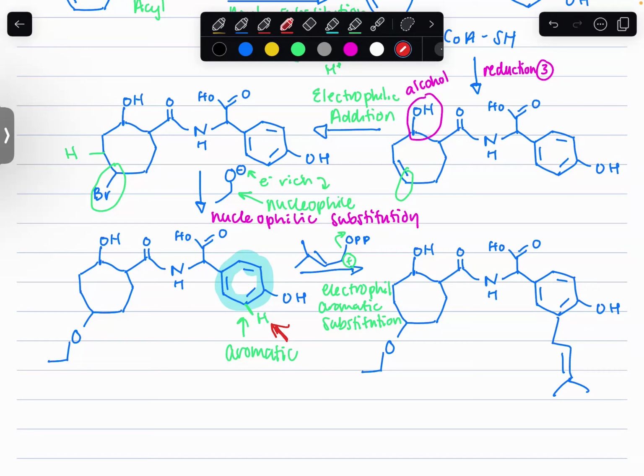But a base is not needed for electrophilic aromatic substitution because the whole point behind aromaticity is that an aromatic compound is really stable. And so rather than needing a base to deprotonate it, the electrophile is going to attack. And then there's two options. We could protonate, well, we would need a hydride.